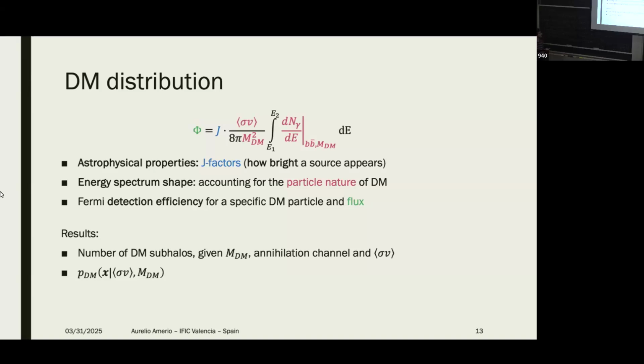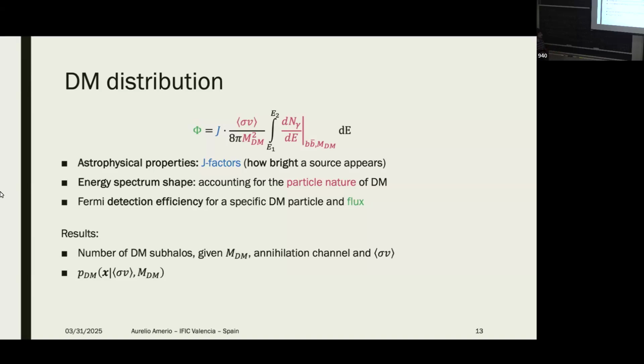I also need to understand the detection efficiency of the Fermi telescope to a specific dark matter particle with a certain flux. And this is also something that we obtain through Monte Carlo simulation and by running the Fermi detection pipeline. Once we know all of these components, what we can obtain as a result of simulation is the number of dark matter subhalos given a dark matter mass and an annihilation channel.